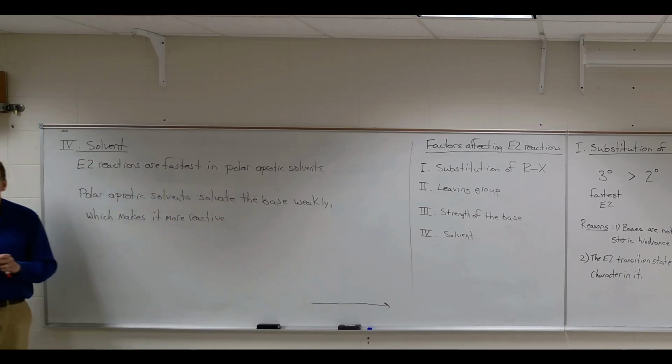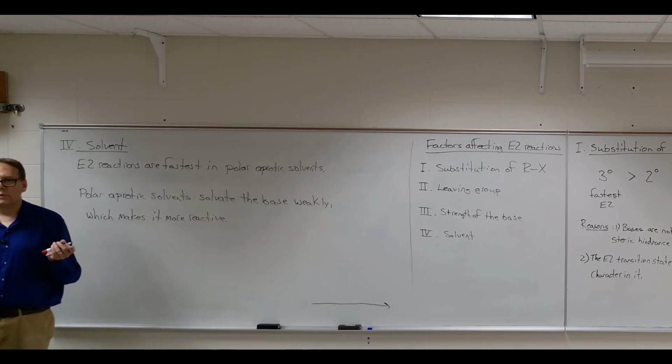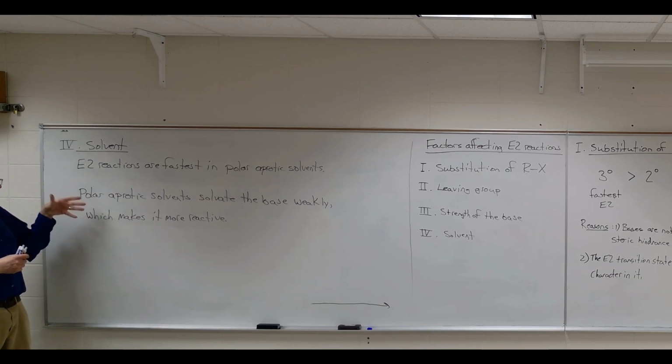It's the same concept that we looked at when we were looking at substitution reactions and strength of nucleophile. The nucleophile in a polar aprotic solvent wasn't solvated very strongly, and that means it could be free to go act as a nucleophile, attack carbons, and do reactions. A similar thing is true of bases in polar aprotic solvents.